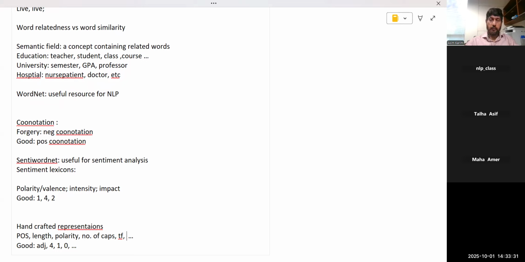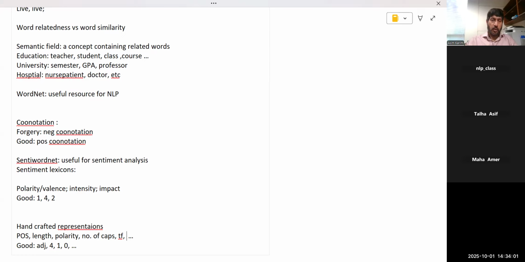So the whole point of this discussion was to motivate you to the diversity of meanings of words and the lack of representation that we have studied so far. Meaning that so far we have represented words by just one number, which was usually TF or TF-IDF, that was not able to capture the various ways or various shades of meanings within a particular word.